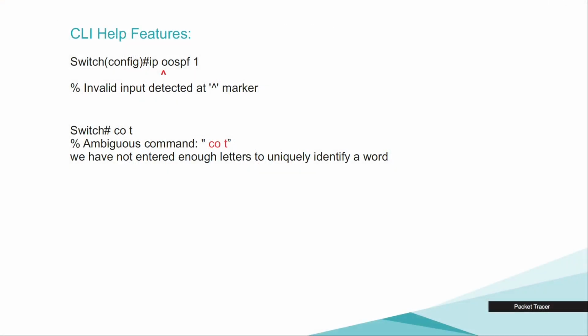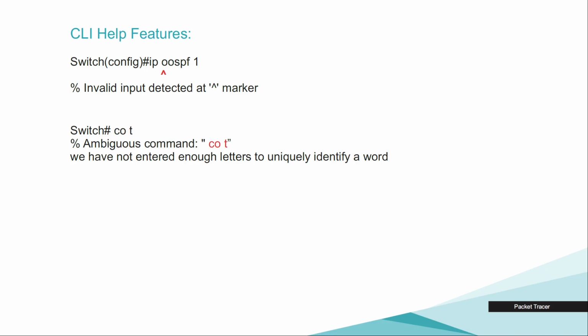The last feature that we want to see with Cisco CLI is error messages that can help us detect any error we have in our command. The first message that we can see in our switch is invalid input. So we will see a caret sign, and this will help us to identify where the problem is or what the problem is with our command. We have also the message ambiguous command.